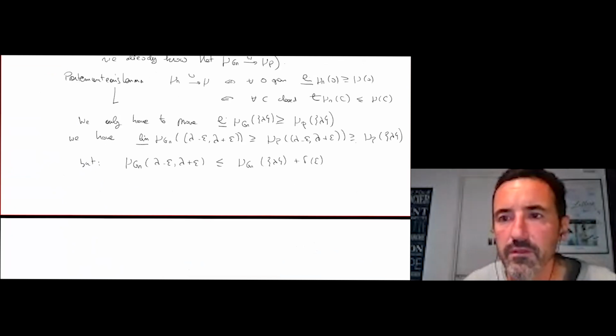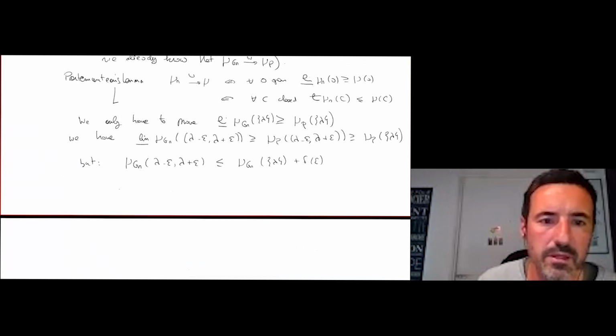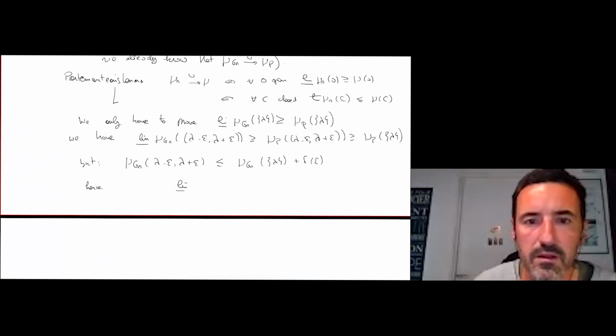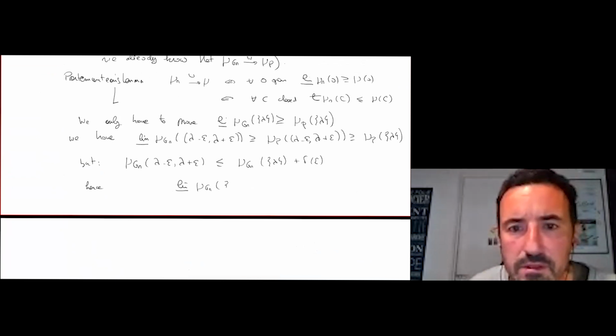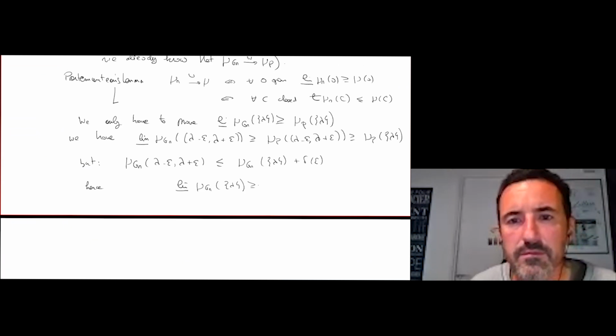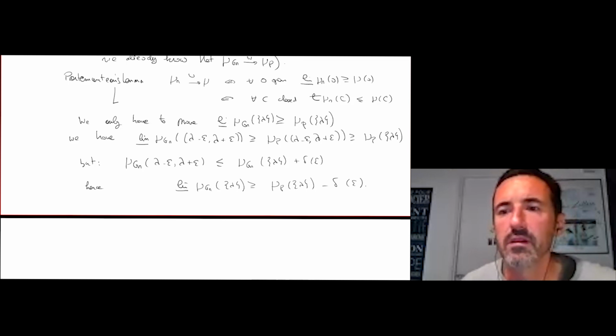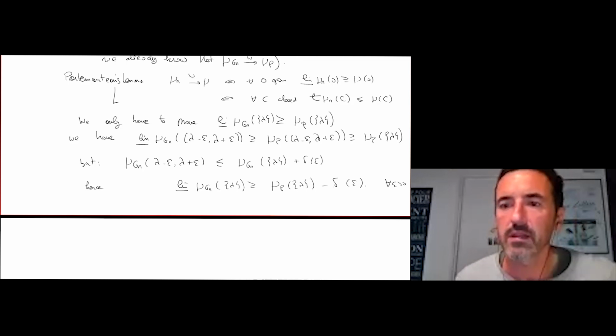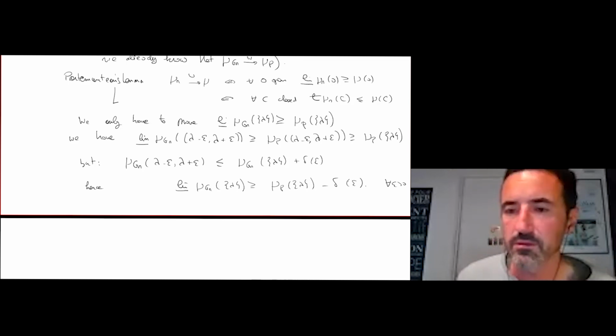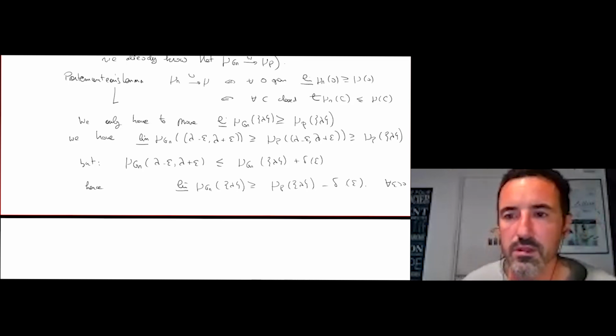So you have this bound, and you deduce that the limit of mu g_n of lambda is at least mu rho of lambda minus delta of epsilon. And this is true for any positive epsilon, and since delta is continuous and goes to 0 as epsilon goes to 0, you deduce the theorem.